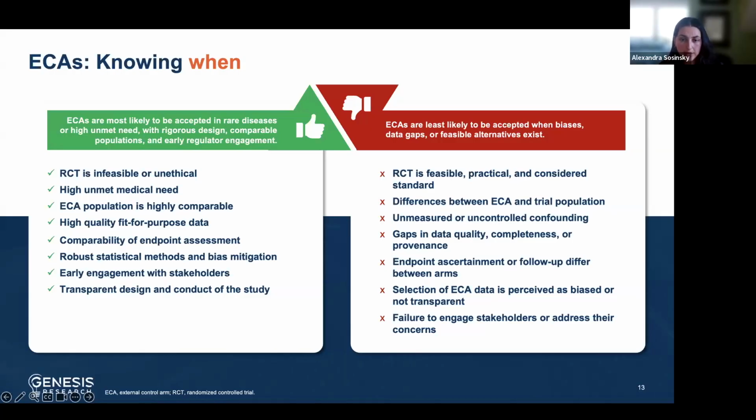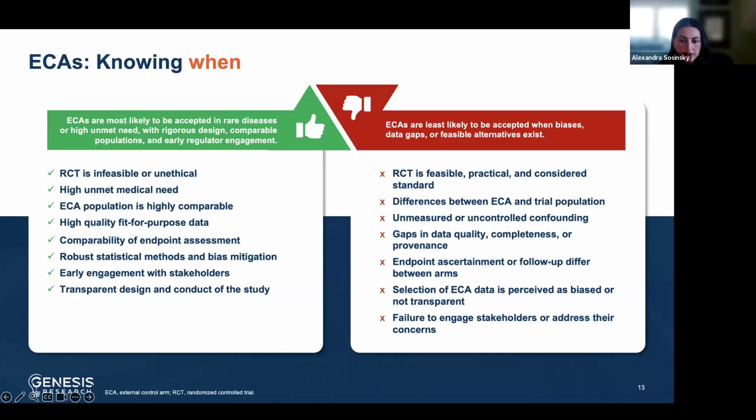Early and ongoing engagement with regulators also goes a long way towards building confidence and clarifying the criteria for acceptance. On the contrary, ECAs are least likely to succeed when a standard RCT is feasible or when there are gaps in data quality, major differences between groups, or uncontrolled bias.